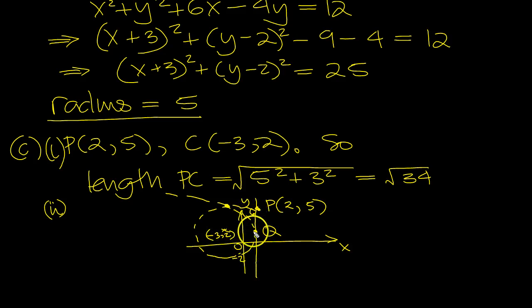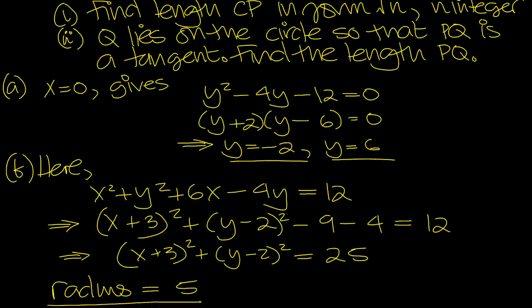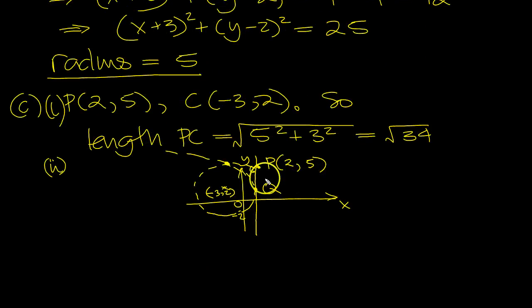Okay, so that's good. So we need to find the coordinates of Q. Well, it's an easy one to find. Find the length PQ. Oh, there's symmetry anyway, so we can just find this distance here, the length PQ. Well, length PQ from the picture then is equal to, well, it's 2 and it's 5, so it's 3 units and it's a vertical line.